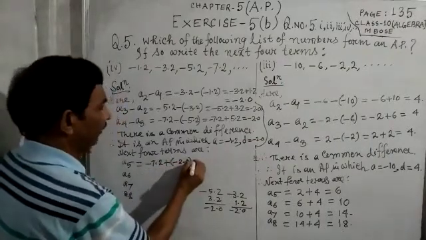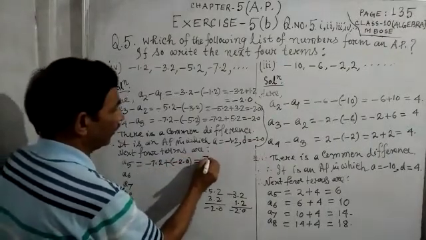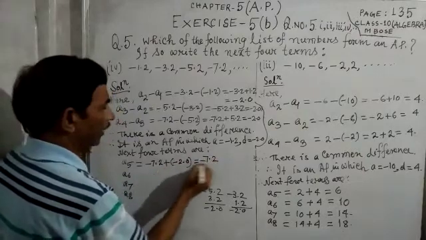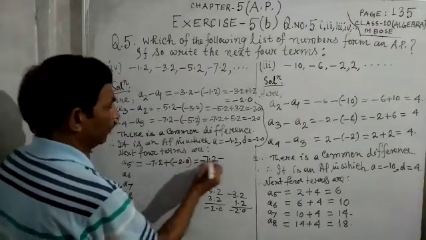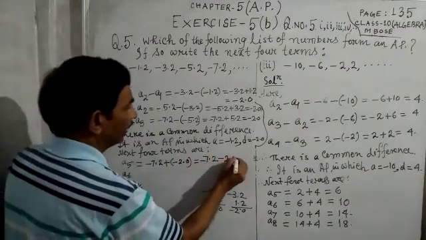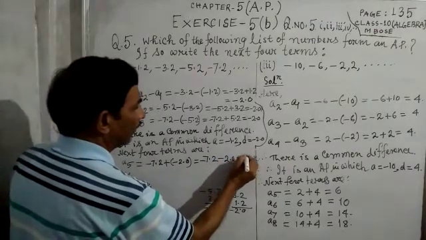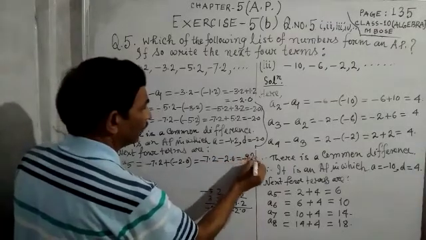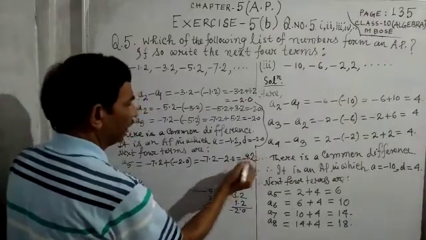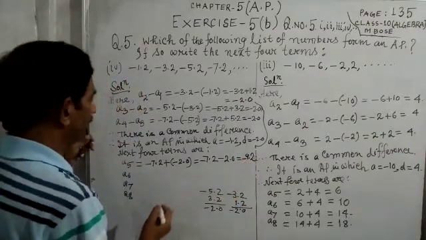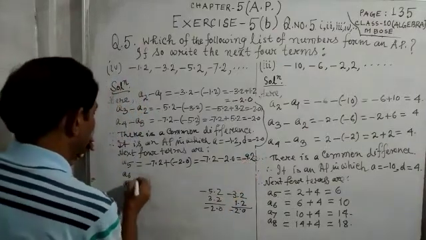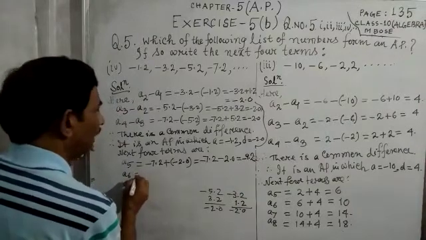So simplify this: minus 7.2 plus into minus 2.0. If we add it, it will be minus 9.2. Okay. And for A6, A6 will be A5 plus D.